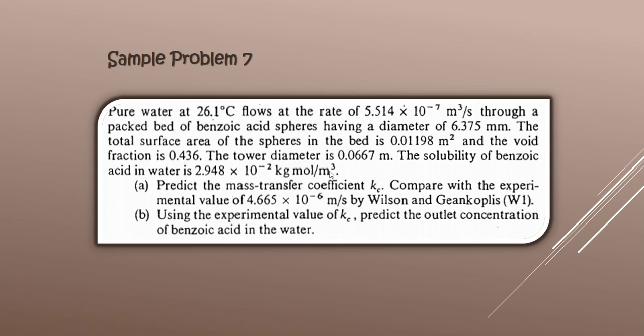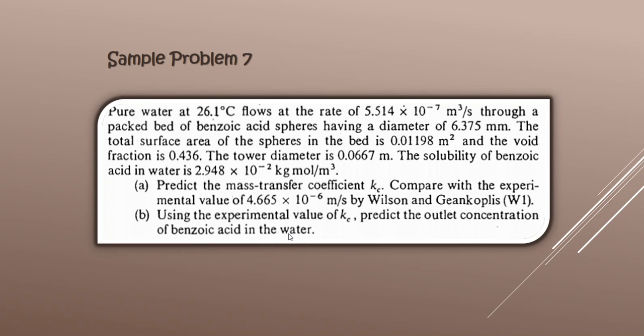For letter A, you are to predict the mass transfer coefficient K sub C. It's K sub C because we're talking about liquids here, and you are to compare it with the experimental value that was determined by Wilson and Geankoplis, which is 4.665 times 10 raised to negative 6 meters per second. And then in letter B, using this experimental value, predict the outlet concentration of benzoic acid in the water.